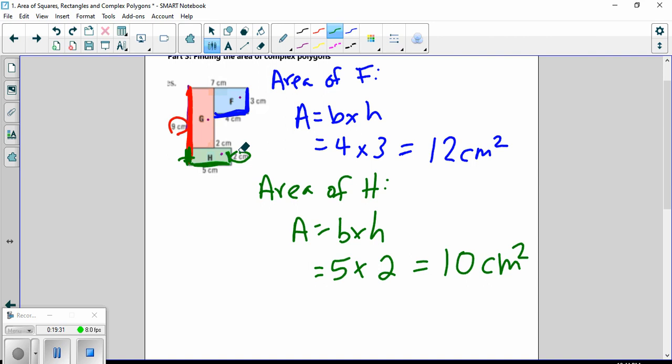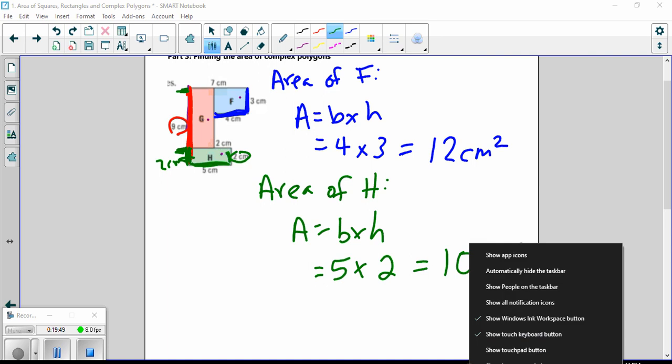So this length is 2 centimeters, and this whole length is 9. If I want to find the length from here to here, how might I do that? If you said to subtract 2 from 9, you're right. So 9 minus 2, this length here is 7 centimeters.